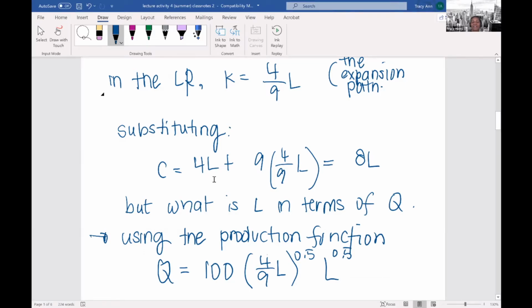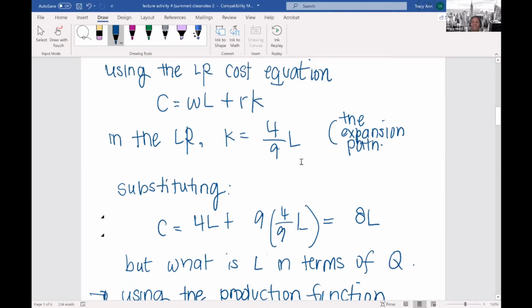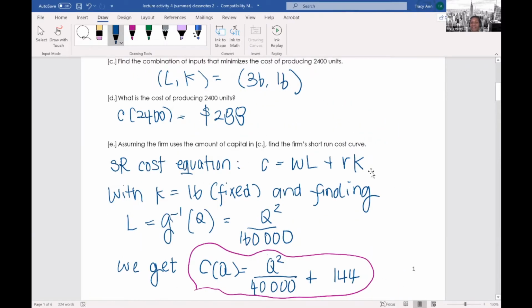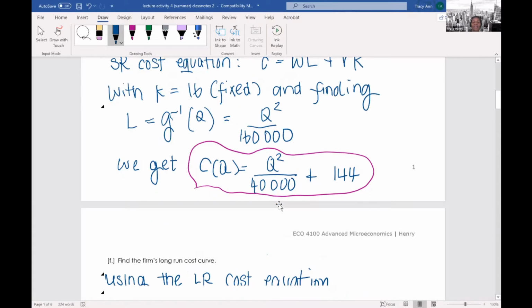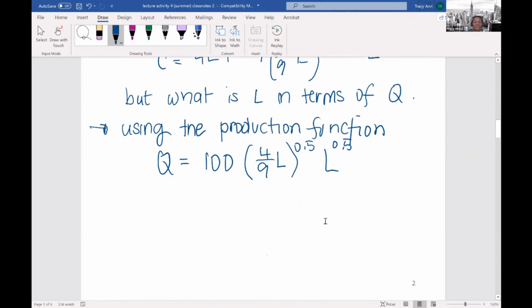So as I mentioned before, wherever you have K, you're going to plug in 4/9 L, which is the expansion path. When we were doing the short run, we plugged in 16 for K, which is how we got the 144, and we plugged in 16 into the production function. So rather than plugging in a number in the long run, we're actually plugging in a function. And this would give us that our L is equal to 3Q over 200. That's where I got it from the first time.